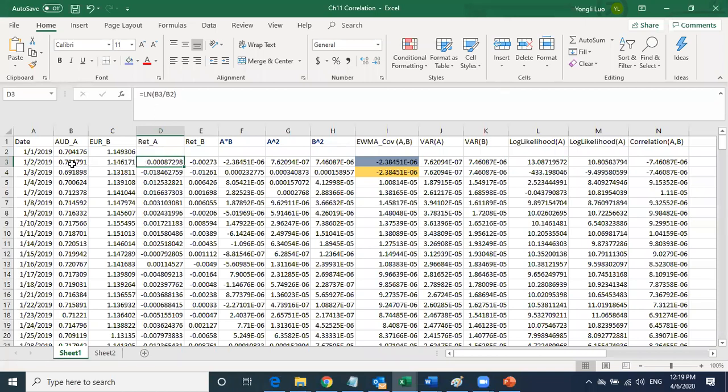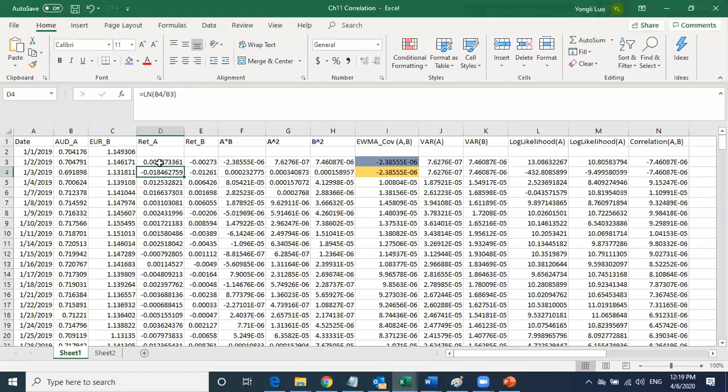So I'm using the ln function. This is B2, B3 divided by B2, you use the ln. When you do that, you double click and the function will be there. Or you can use the function we have in Excel in the PowerPoint slides.